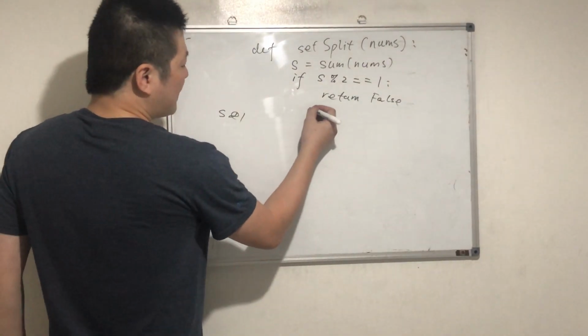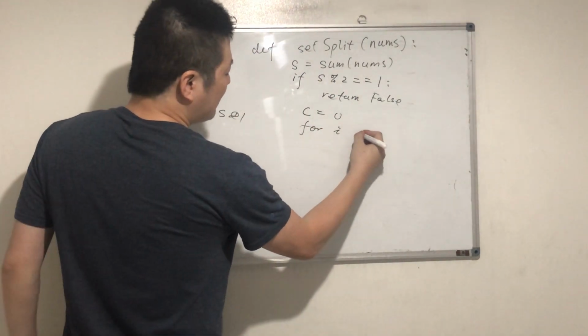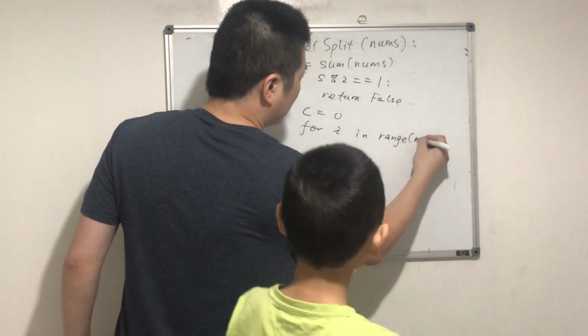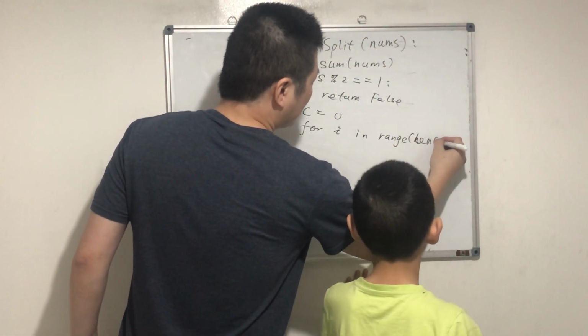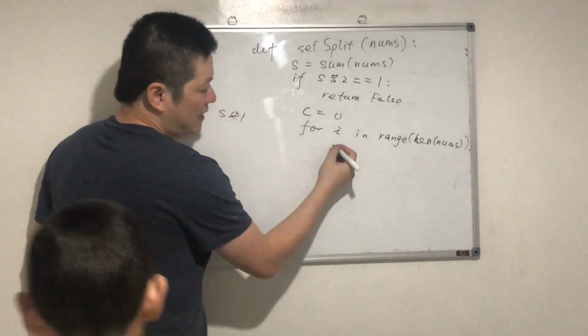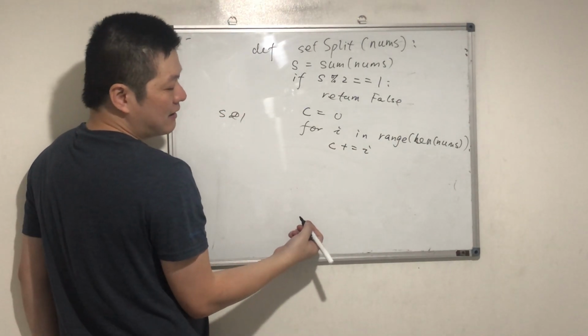Now, I have a continuous sum, c equals 0, and then for i in range length of nums, I want to iterate the numbers, the index. Then C, I need to add nums[i], right?